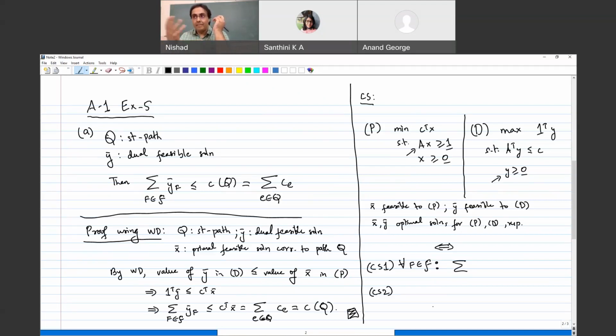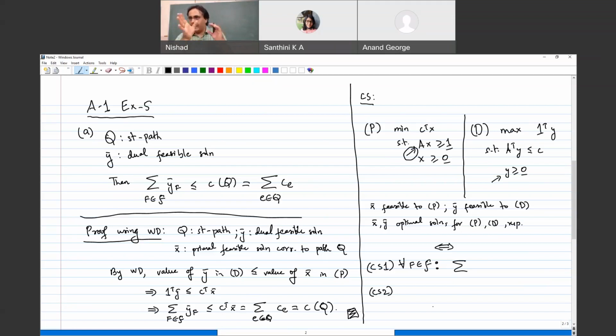The labels are the x values, not the y's. So the x values corresponding to the edges in the cut sum to 1.